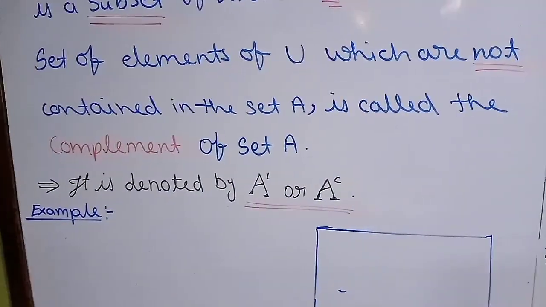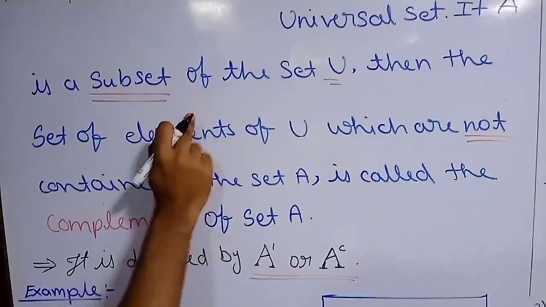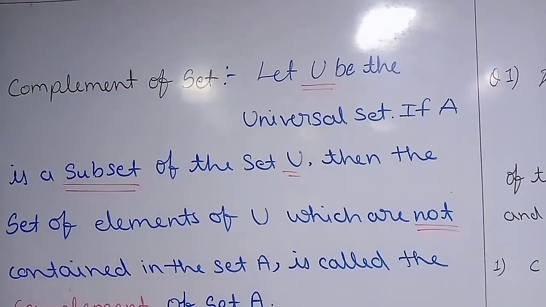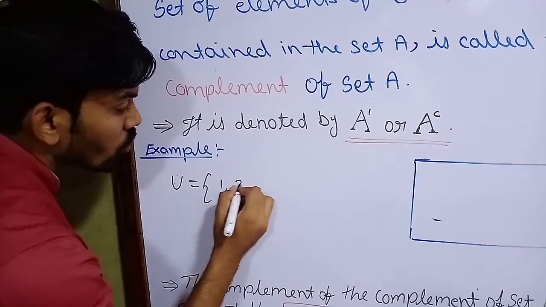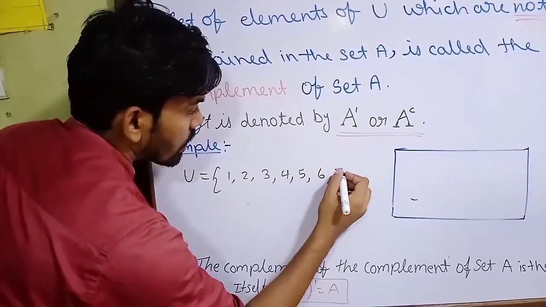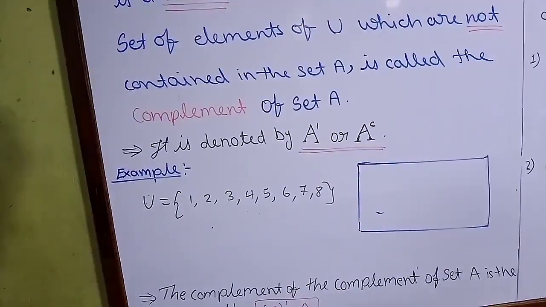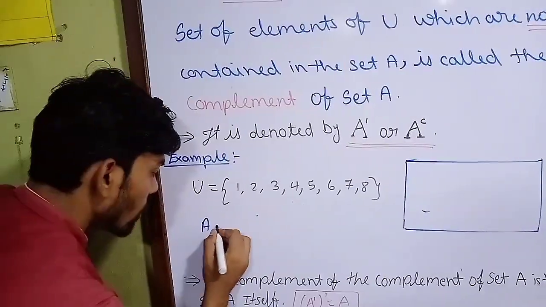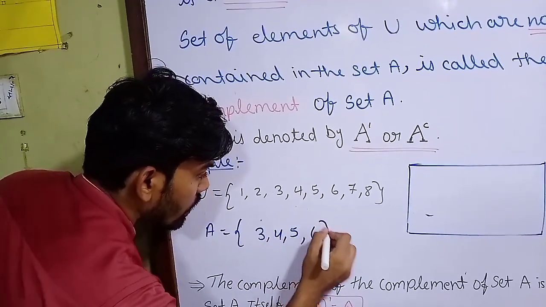Take an example to understand better. As in our definition, we assume set U is a universal set. So U is equal to 1, 2, 3, 4, 5, 6, 7 and 8. Set A is 3, 4, 5, 6.